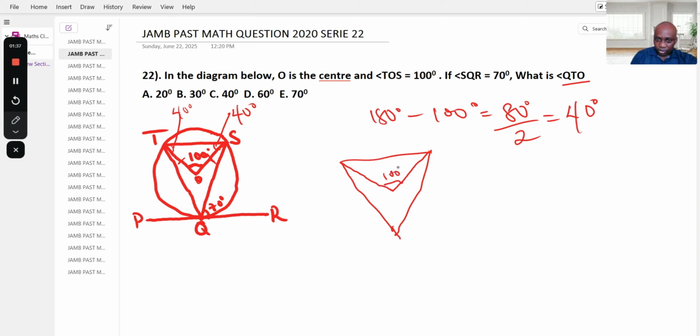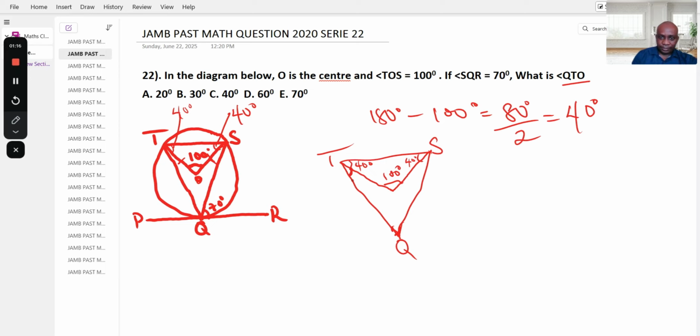This face is 100 degrees. This face is 40 degrees. And this face is 40 degrees, isn't it? And this face is Q. This face is T. And this face is X. This question is asking us the angle here. What is the angle here?